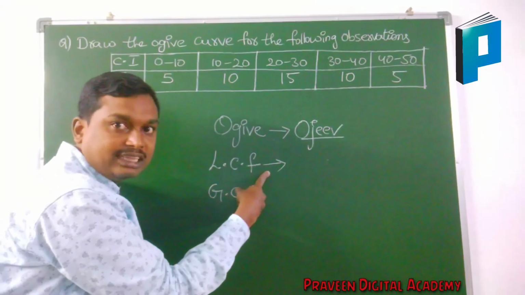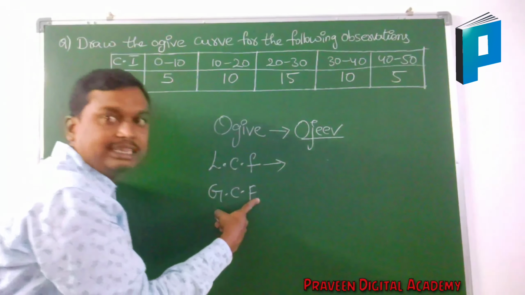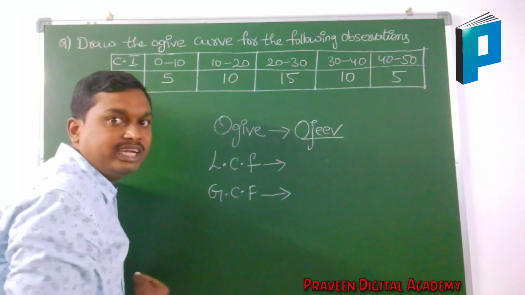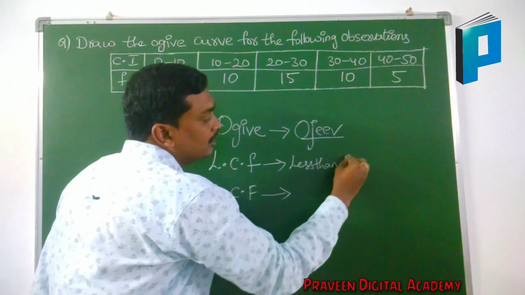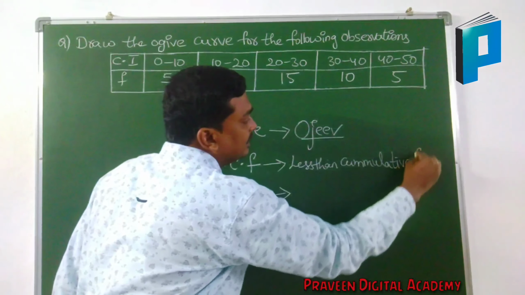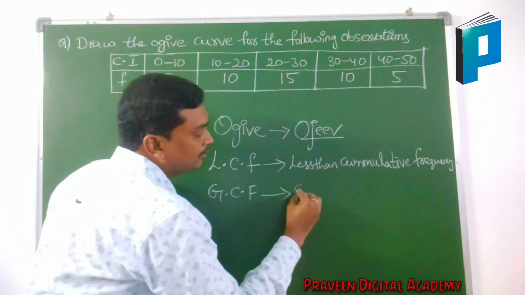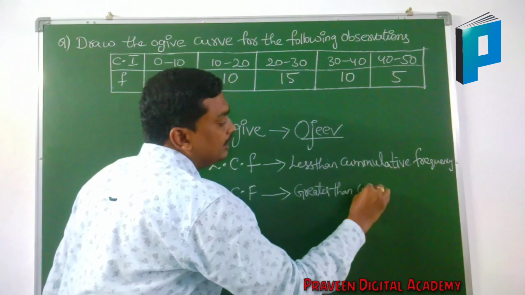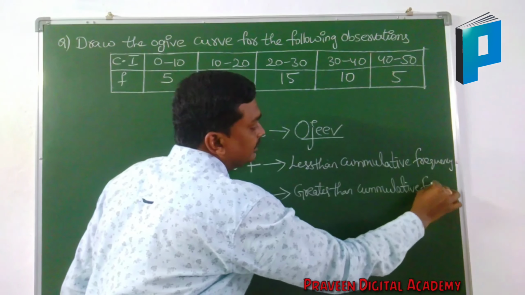LCF is nothing but less than cumulative frequency, and GCF is nothing but greater than cumulative frequency.